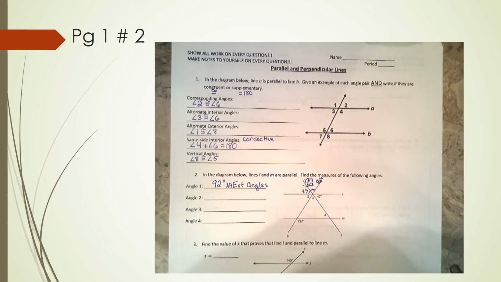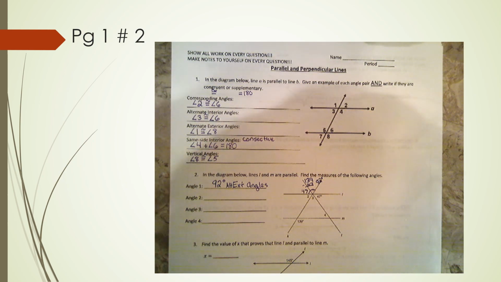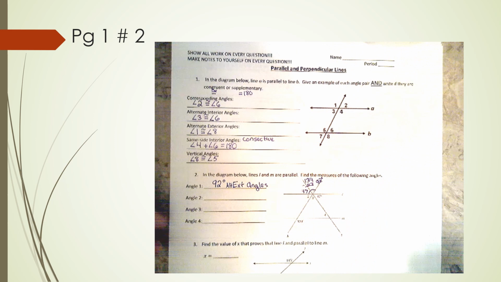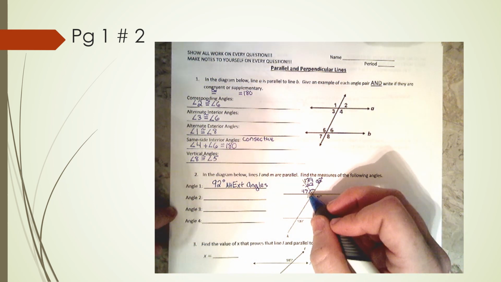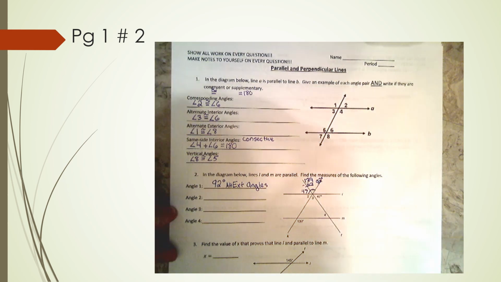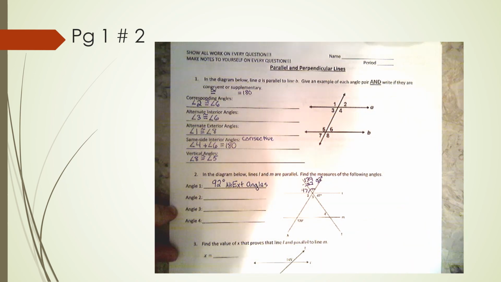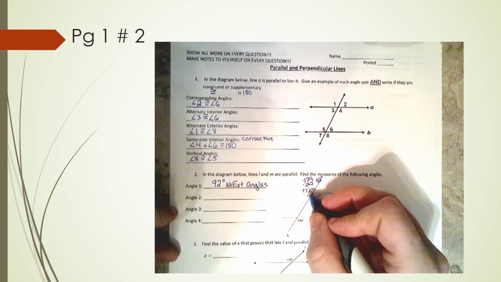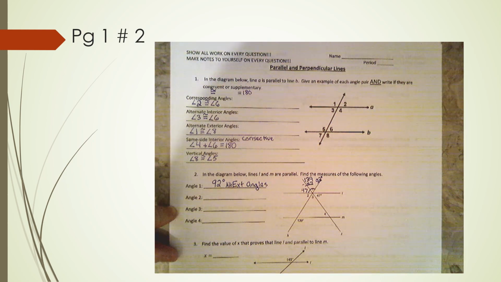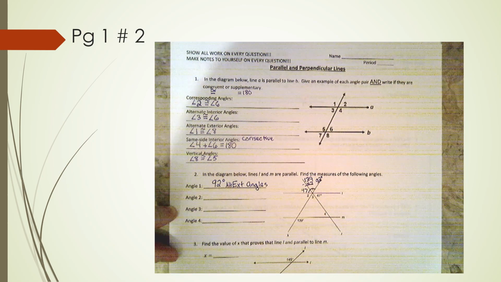Now, the next one that I could find, if I wanted to go in order, let's say if I was looking at number 2. Well, I know that this angle fully, we said, equaled 139. So if this portion is 139, and if I did this portion, and this portion, it would form a straight line. Well, a straight line has to equal 180 degrees.